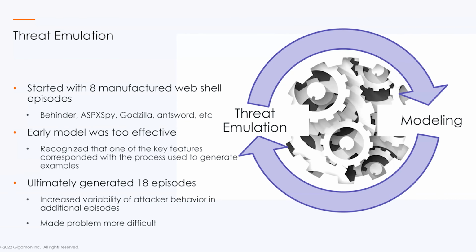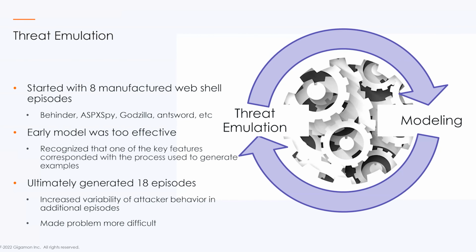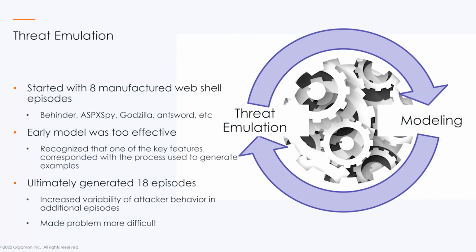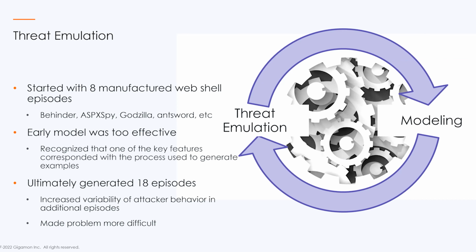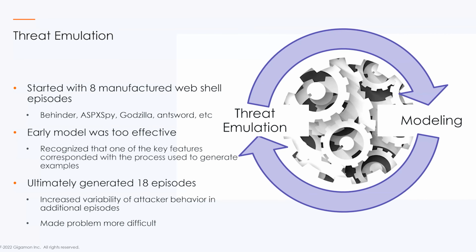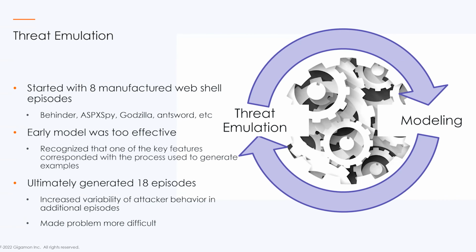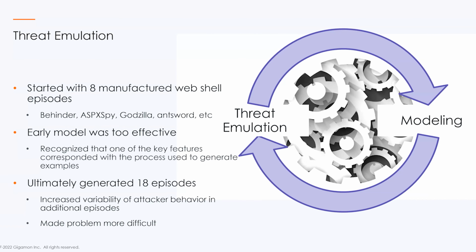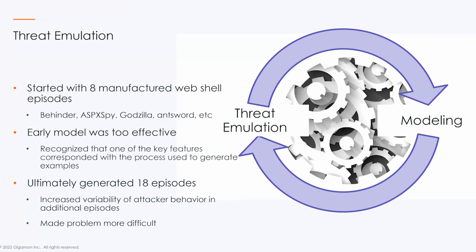It turned out that when the threats were being emulated, they did 4 or 5 actions for each web shell. The process that was done to create the emulated content was the same each time, and the model was picking up on that.